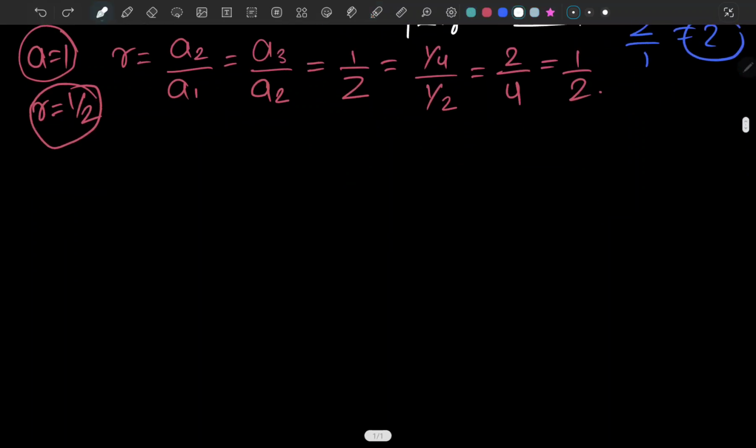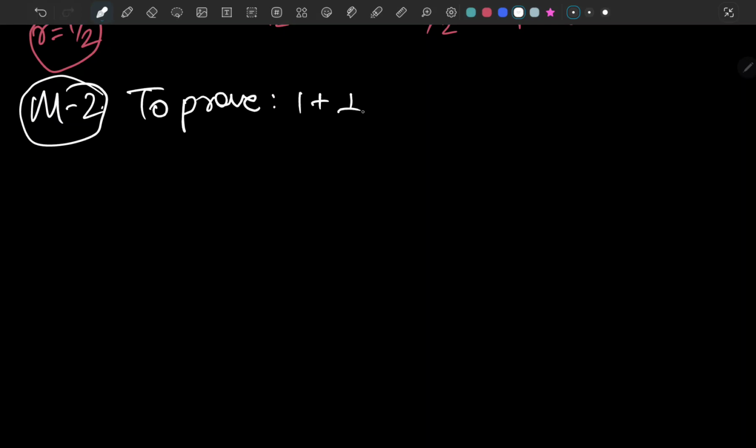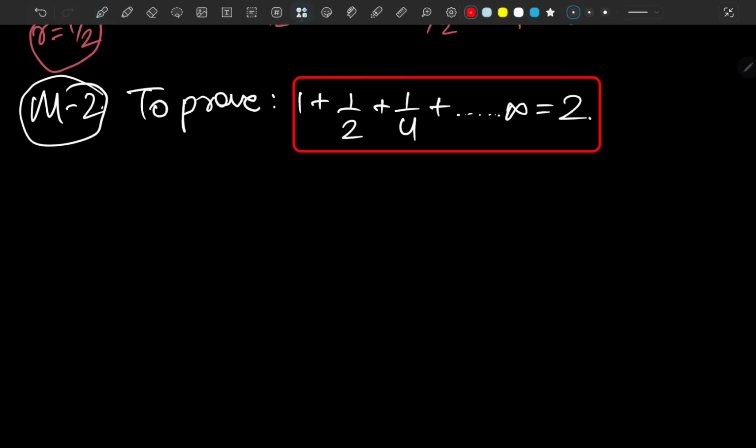The second method is method 2. Basically, what we're going to prove is 1 plus 1 over 2 plus 1 over 4 plus, and that just keeps going up to infinity, equals 2. This is what we're gonna prove in this video.